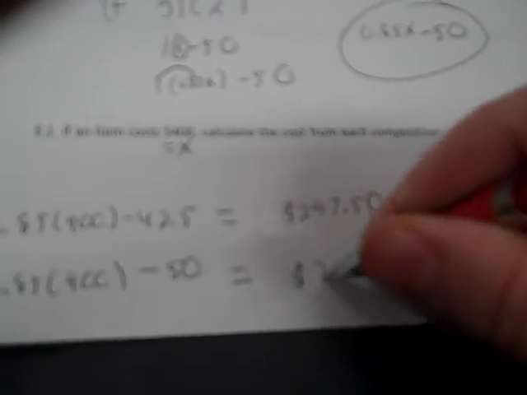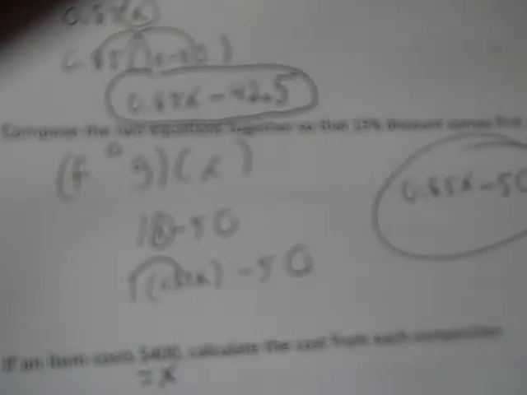And 0.85 times 400 minus 50, that's going to give me $290. So as you can see, not a lot, but it's cheaper. It's going to be cheaper this way, using this equation where they do the 15% discount first.